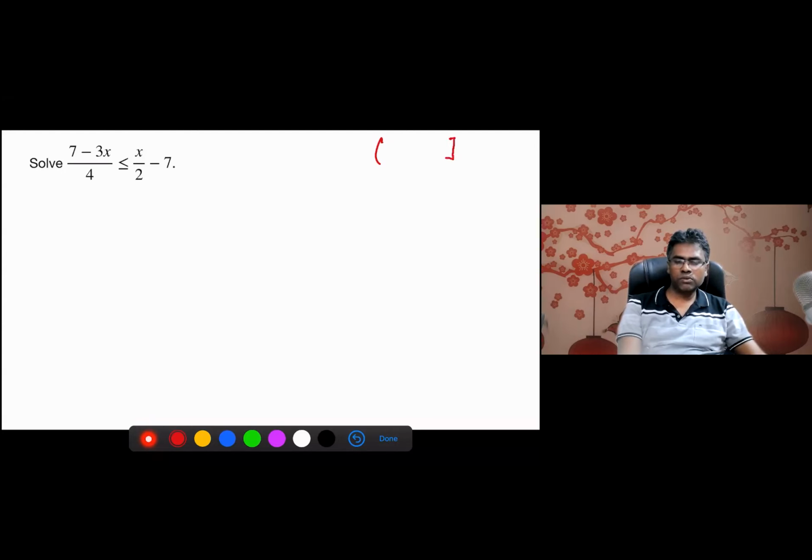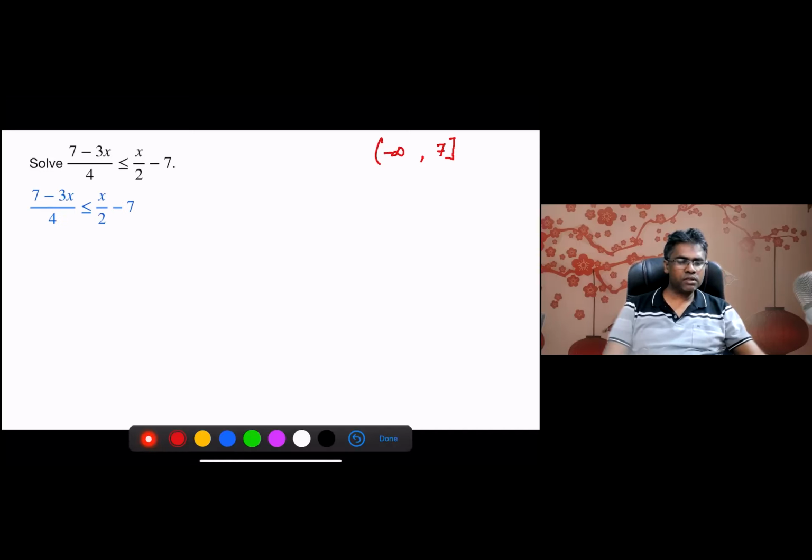Yes, sir. Then you use a square bracket, and because you are looking at numbers which are less than 7, you use a minus infinity. This is how you represent it. You understood? Yes, sir.